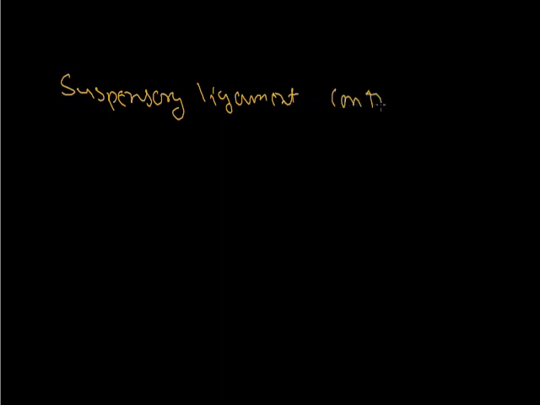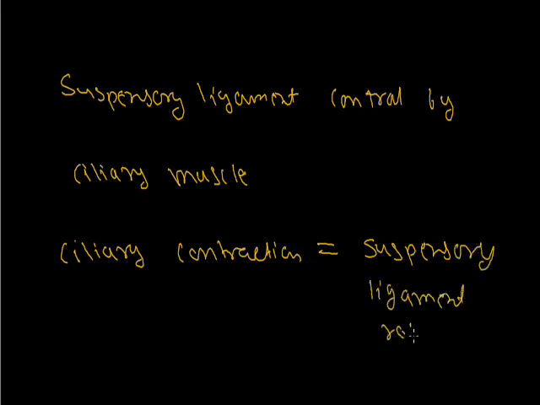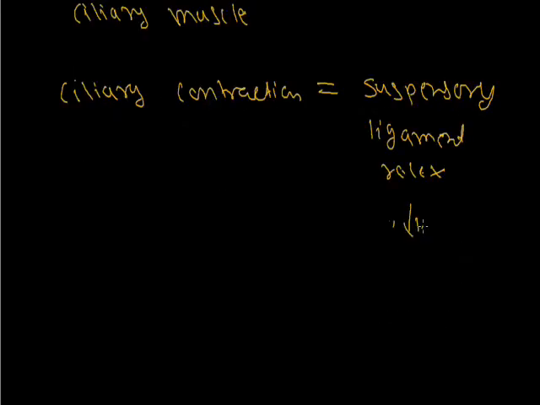And now see how the suspensory ligament is controlled. The suspensory ligament is controlled by the ciliary muscle. When the ciliary muscles contract, then the suspensory ligament relaxes, so the lens becomes thick.